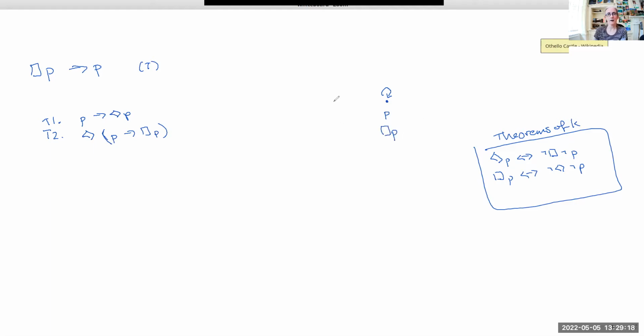So what this theorem is saying is that either we are in a world which only sees itself, or it is possible that we see a world that only sees itself. So that's just a quick sketch of why this theorem is true.